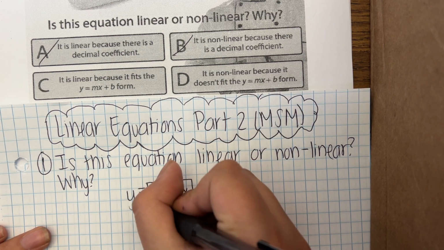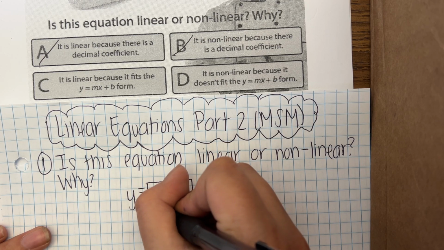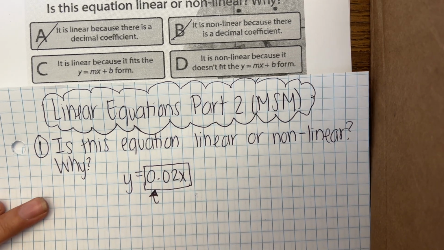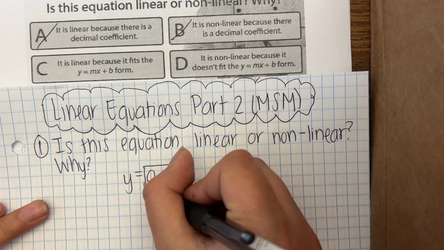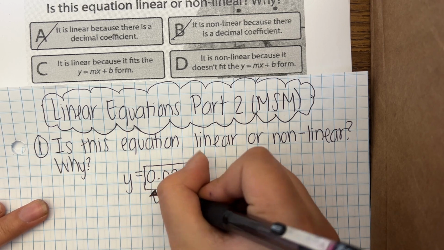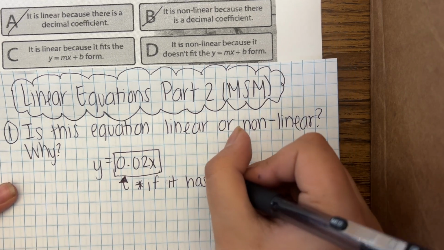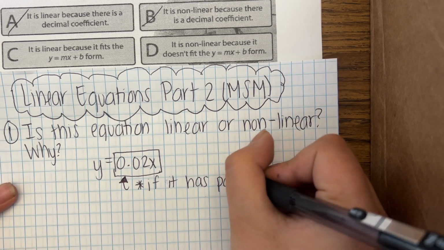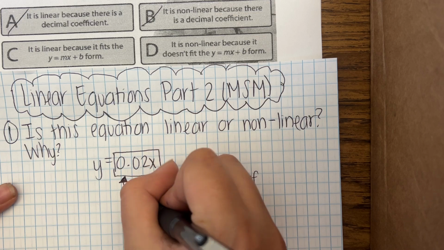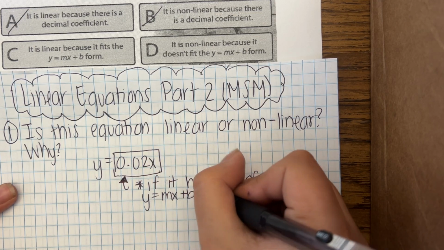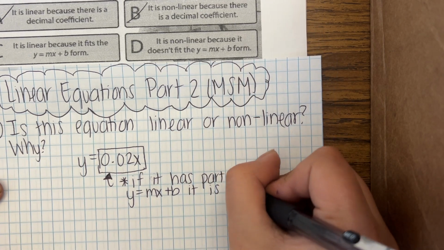Even if it doesn't have both parts, the b and the m, the y-intercept and the slope, it still can be considered a linear function. So if it has part of y equals mx plus b, it is linear.